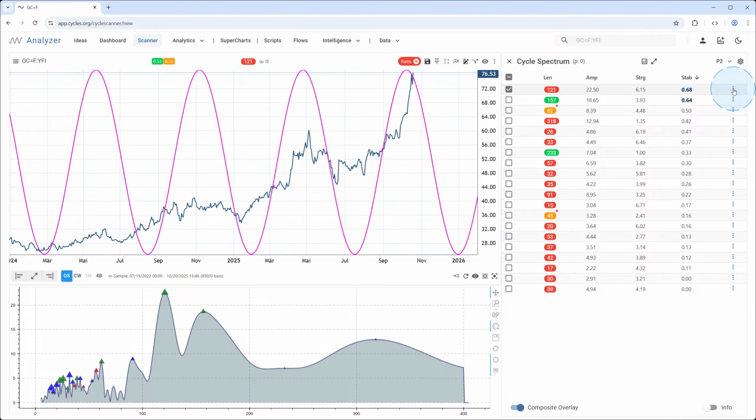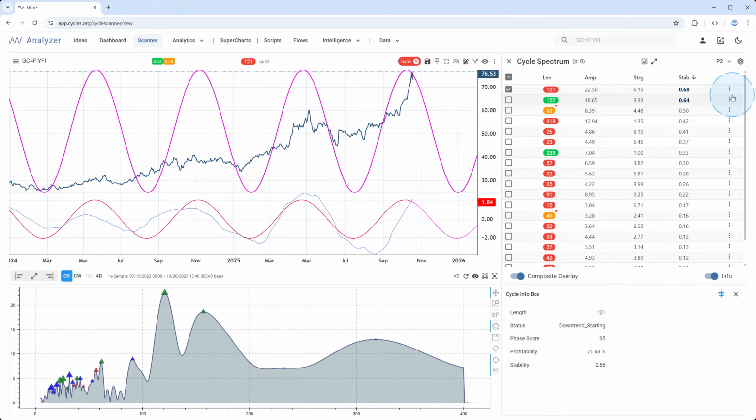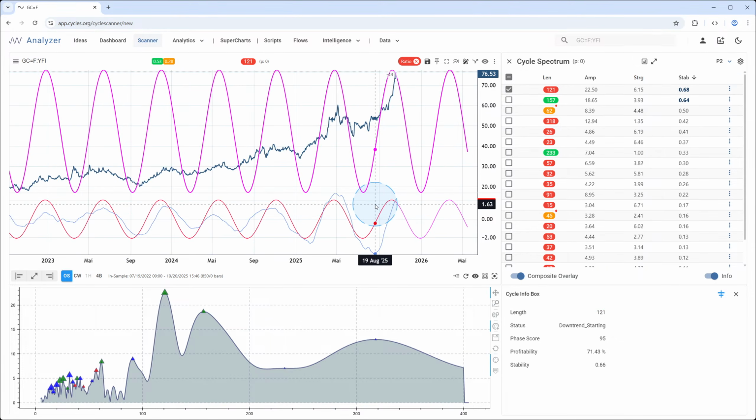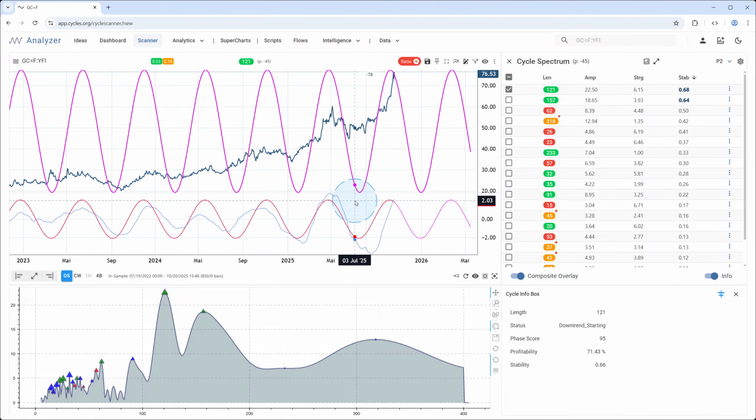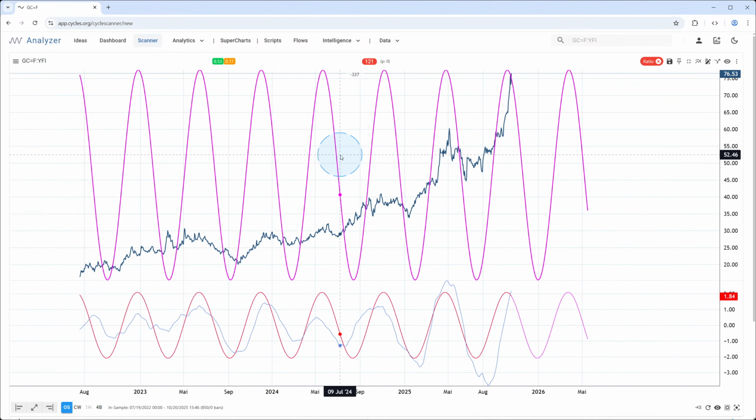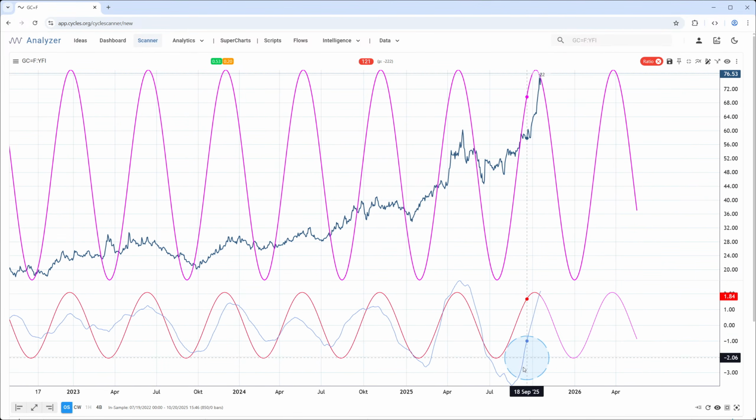Just for further explanation, you can create the info box and open the stability visualization on that cycle also, so you can compare how the real cyclic movement of the gold to oil ratio performs against the theoretical time cycle, which is the red one here.